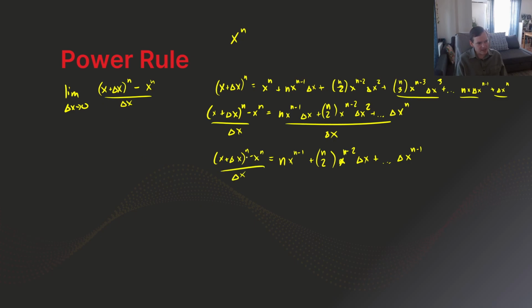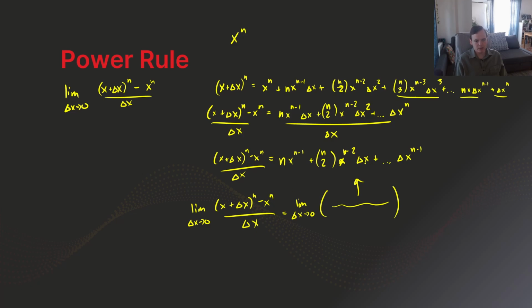So the last thing I need to do to get this left side to look like my original expression is to take the limit as delta x approaches 0 of (x plus delta x)^n minus x^n over delta x, which is equal to the limit as delta x approaches 0 of all of this stuff.